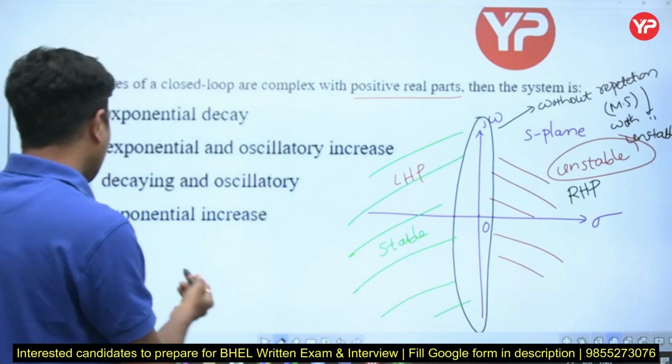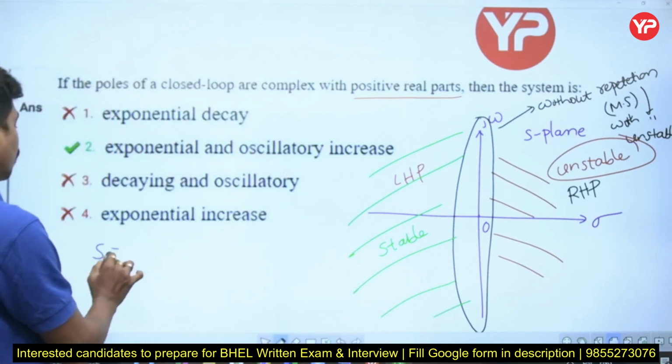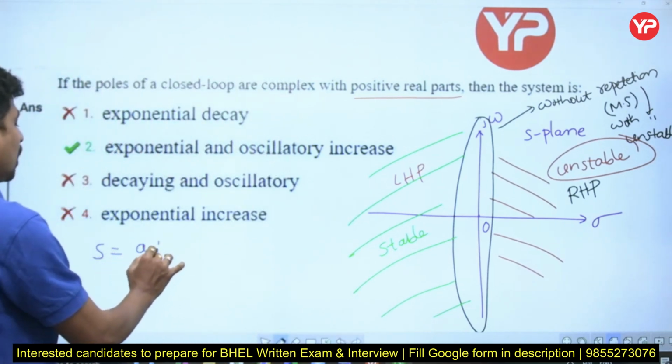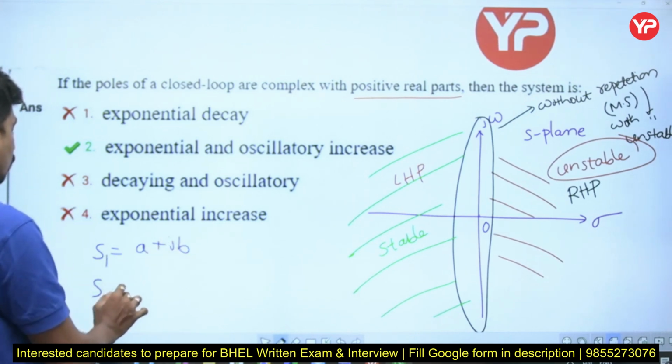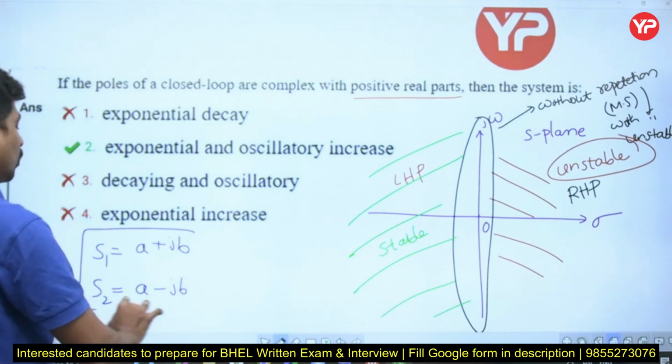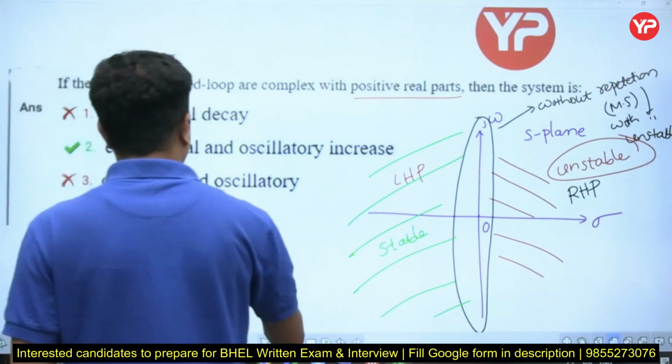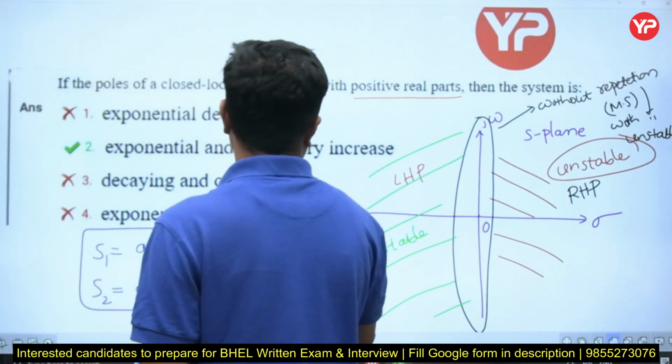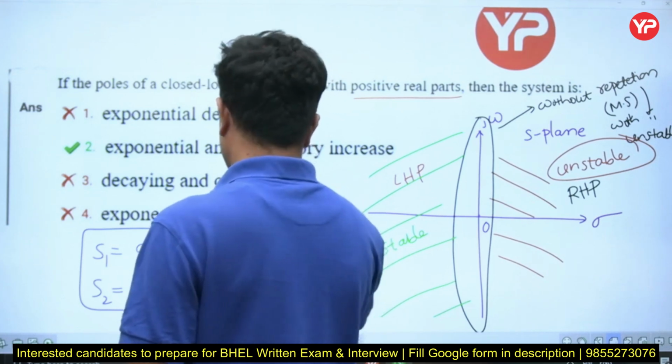Say the poles are S1 is equal to A plus JB, S2 is equal to A minus JB, where A and B are positive. Then only they will exist in the right half of S-plane.